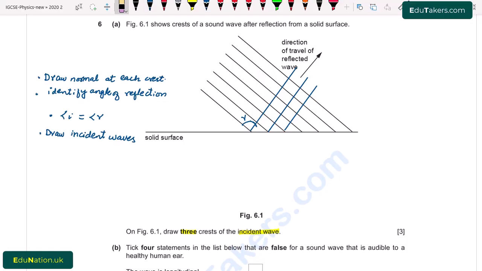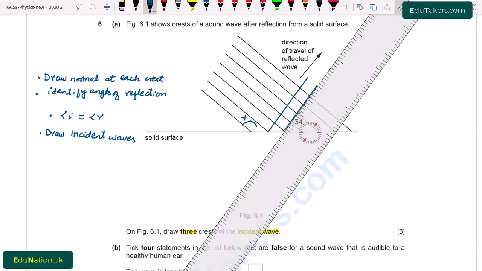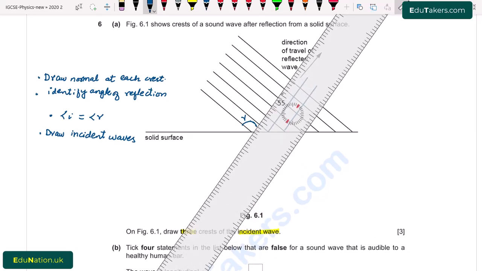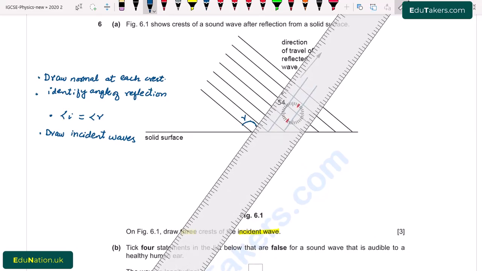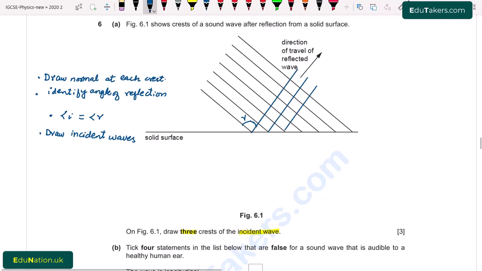And make sure that the distance between these two crests, I again redraw it. So you have to make sure the distance between those must be equal because it's the wavelength and it must be equal to that of the reflected ray.